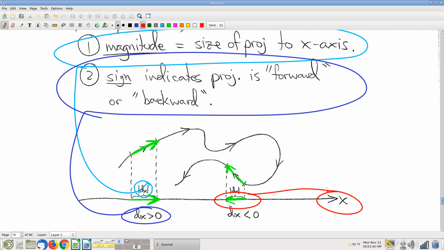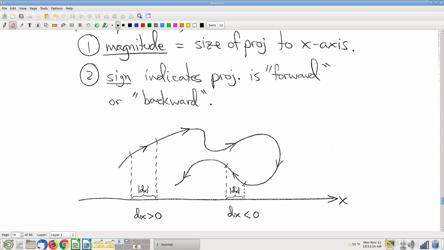It's going to the left. The x-axis goes to the right. It's going in the negative direction. Okay, so this is one way to think about the dx coordinate differential. Seemingly a pointlessly awkward way to think of it, but it's going to turn out to be valuable. Think of it as a magnitude, a size of a projection, and an indication of rightness or wrongness of orientation.